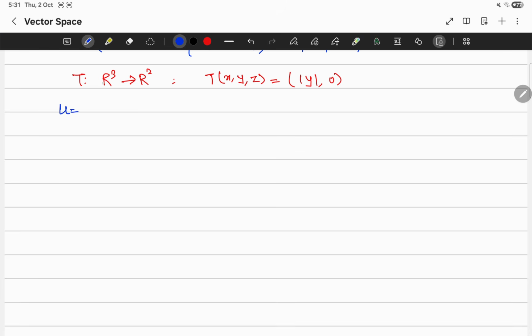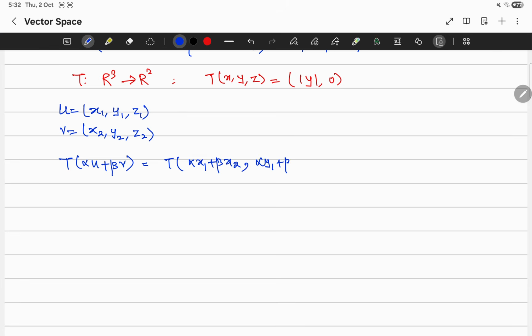You will take u from R3, so it has three coordinates x1, y1, z1, and v you are taking from R3, so you have x2, y2, z2. So check T of alpha u plus beta v, so that is T of (alpha x1 plus beta x2, alpha y1 plus beta y2, alpha z1 plus beta z2). Now this is your given x, this is y, and this is z.